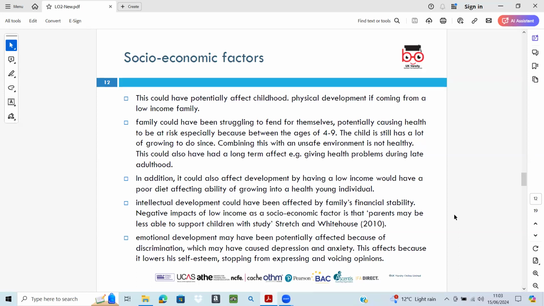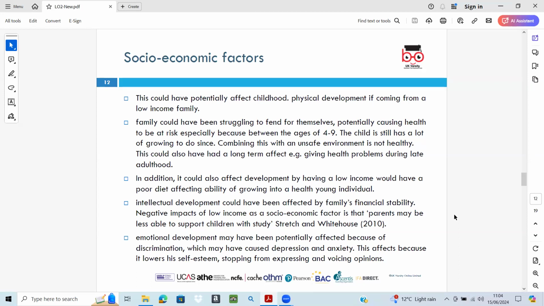So if we talk about the impact of low income on physical development, then we have poor nutrition. So we can say low income can lead to inadequate access to nutritious food, impacting physical growth and overall health. Then we have unsafe environment.